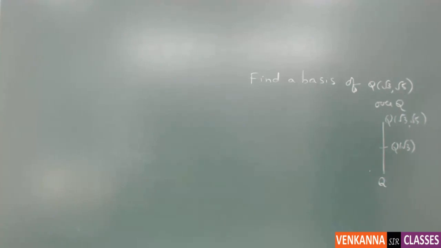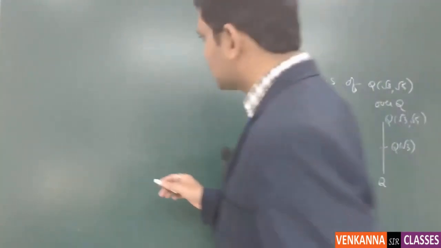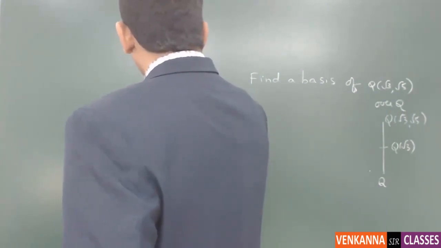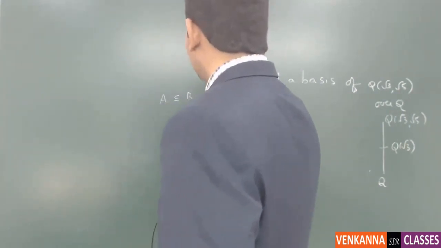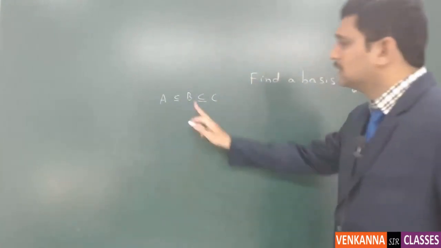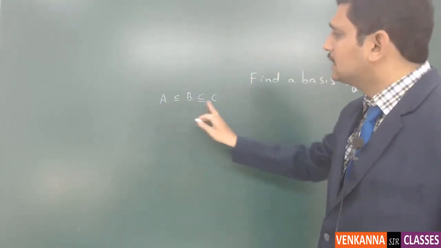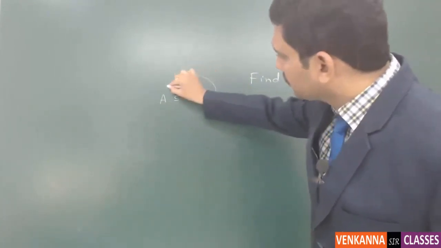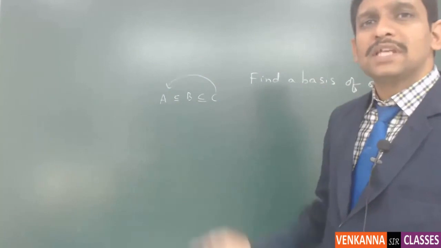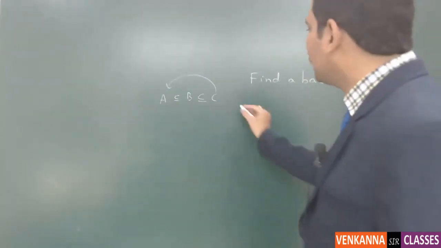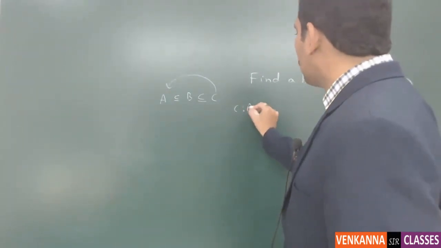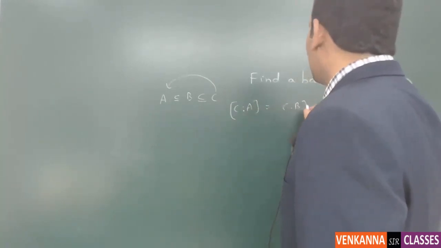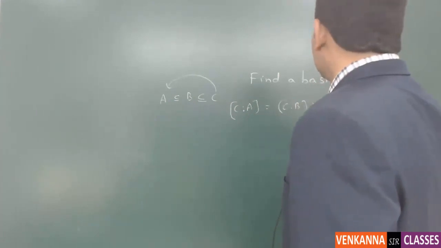Now, in the previous class, we discussed the theorem that whenever you have a hierarchy like A is a subset of B, B is a subset of C, like B is an extension of A and C is an extension of B, then by default C becomes an extension of A, and we calculate that [C:A] = [C:B] times [B:A].